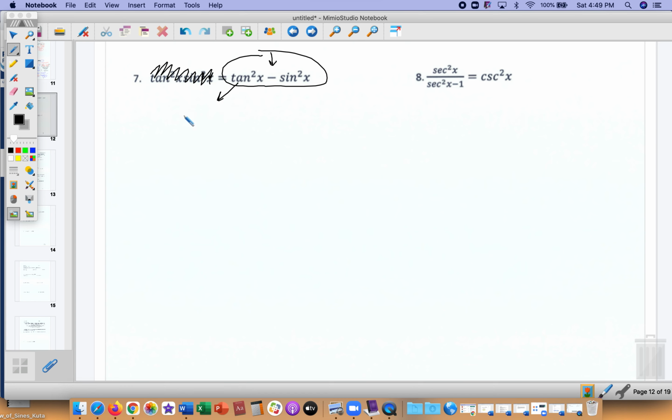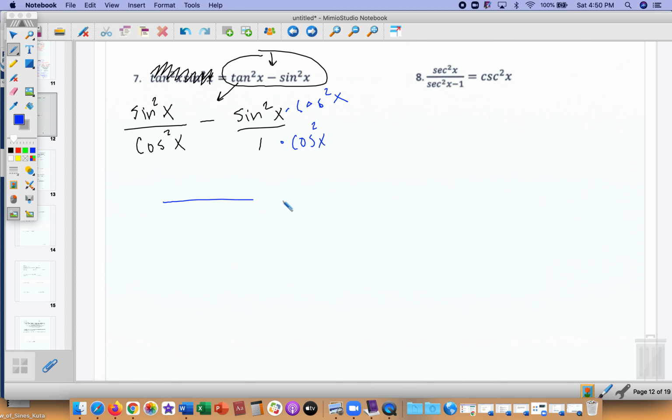Tan squared, we can write that as sine squared x over cos squared x minus sine squared x over 1. Now I need the same denominator, so I'll multiply the right side by cos squared x in the numerator and the denominator.